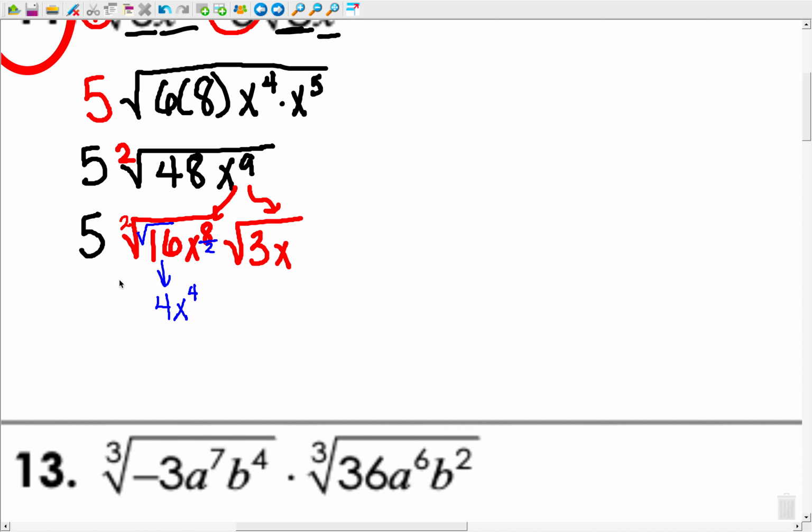And don't forget, this 5 has to come down here and multiply itself times this. What you have in the radical stays in the radical. So my final answer is 20x to the 4th times the square root of 3x.